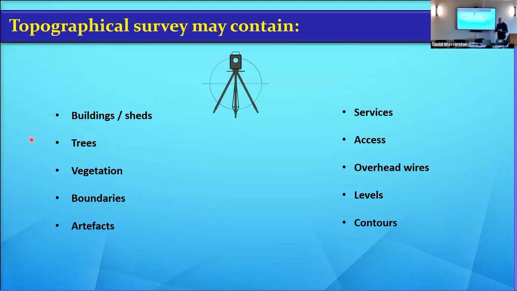This can be anything. So you're looking at stop valves, gas valves, water meters, surface water manholes, inspection covers, foul water, or whatever. Access, there could be access to basements, so there might be a little window or a door. You want to have that on your survey because you don't want to be doing anything else to block it up.